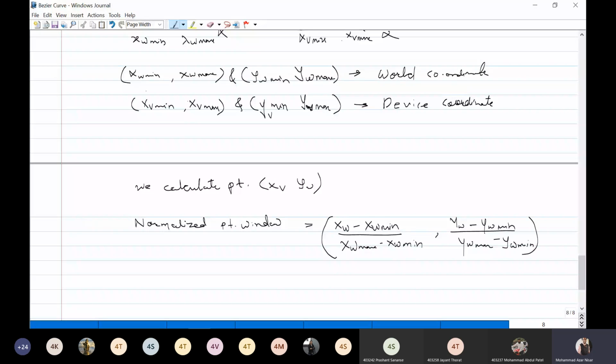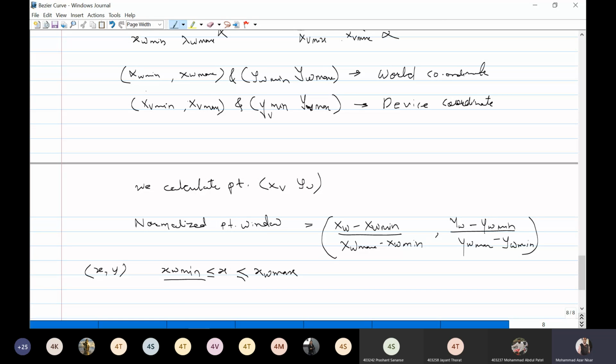Okay, I can explain this. This is nothing but the condition that, suppose x and y values are given, the x value should be more than xw minimum, and it should be less than xw maximum.